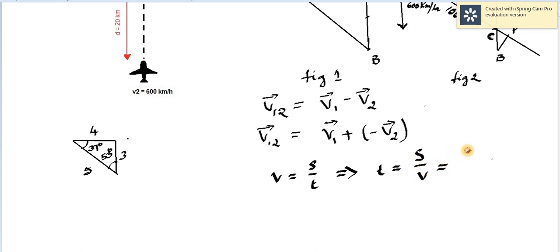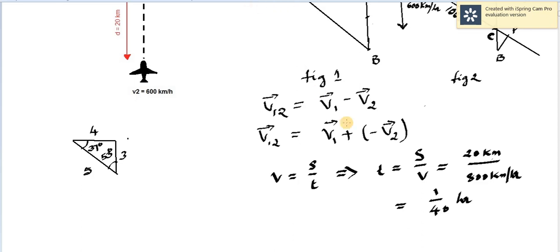So S here is 20 kilometers divided by velocity, 800 kilometers per hour, and this would be equal to 1 by 40th hour.